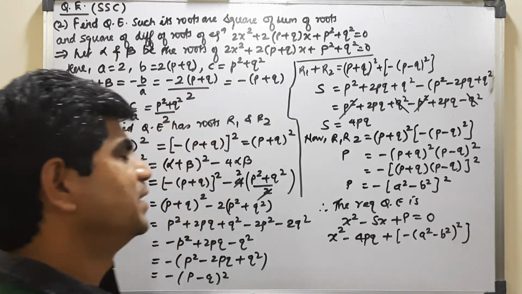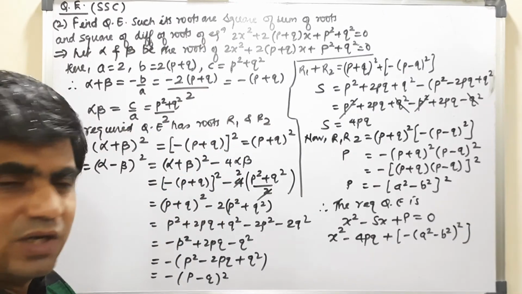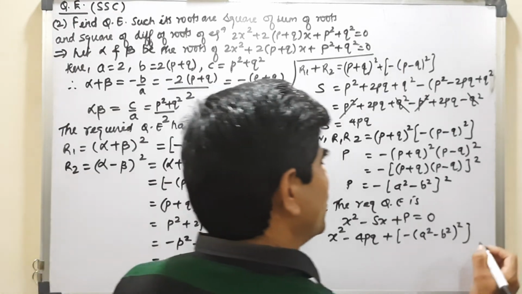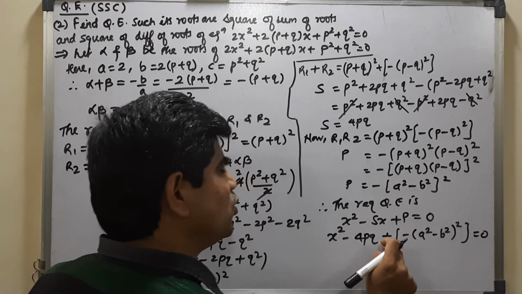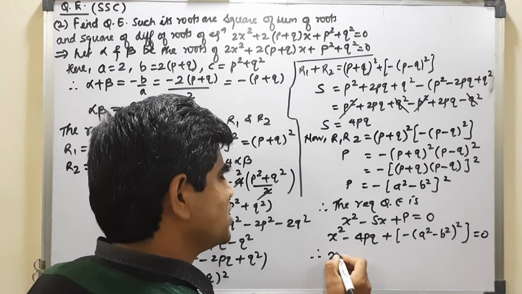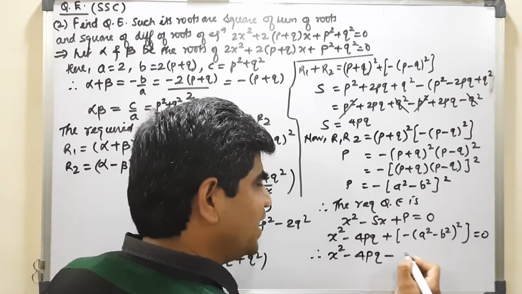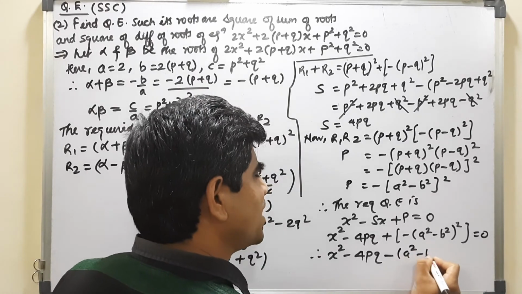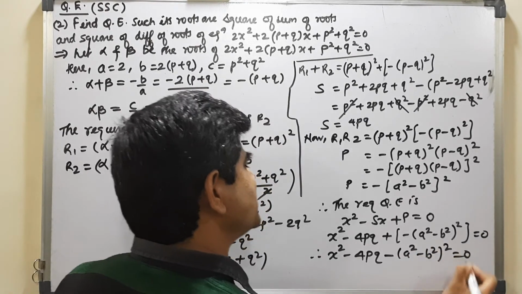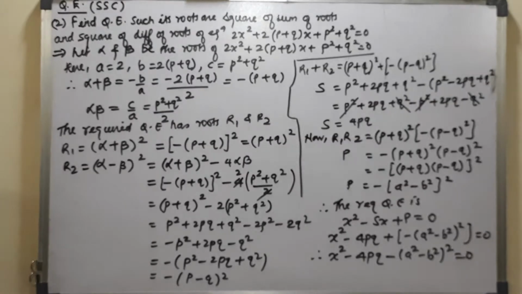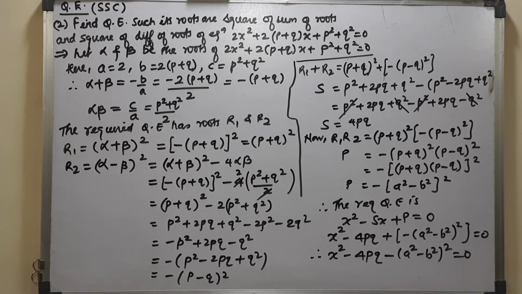So plus into minus becomes minus, we get x square minus 4pq minus into bracket a square minus b square the whole square is equal to 0. So this is your required quadratic equation.